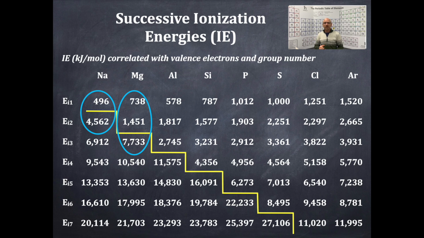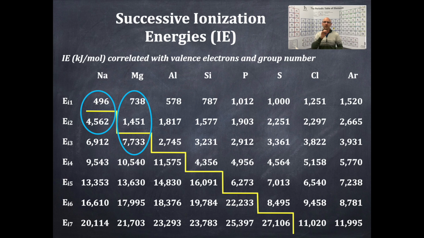The effective nuclear charge is increasing. You have fewer electrons to hold on to, so you're pulling those electrons in tighter, but that's not what you need to know. What you need to know right now is that the first ionization energy is low. The second is higher than the first, but still relatively low. Because once you remove that second, now you only have core electrons.